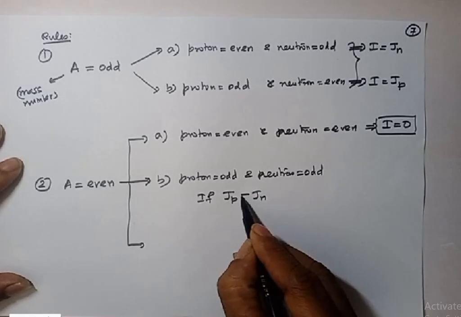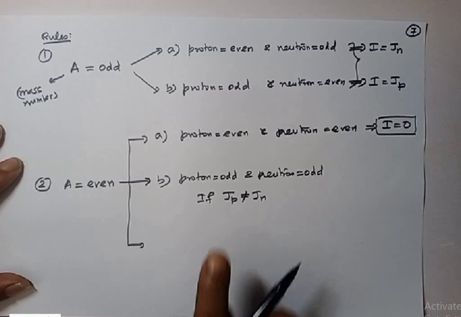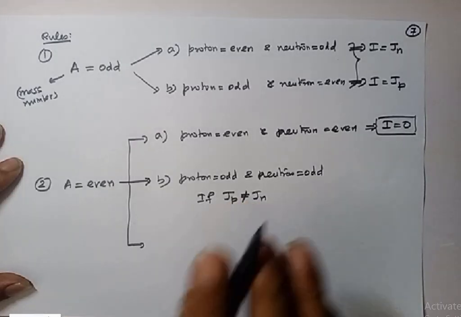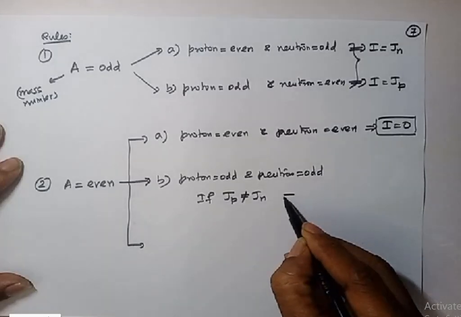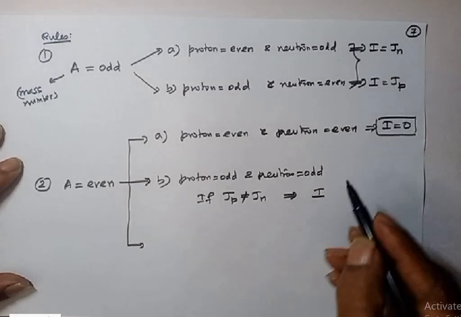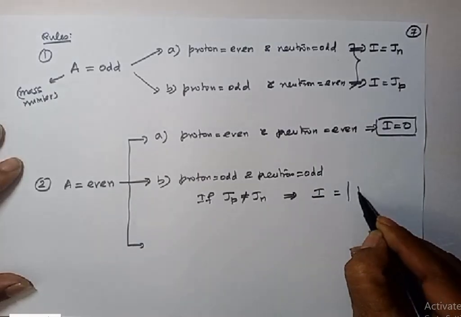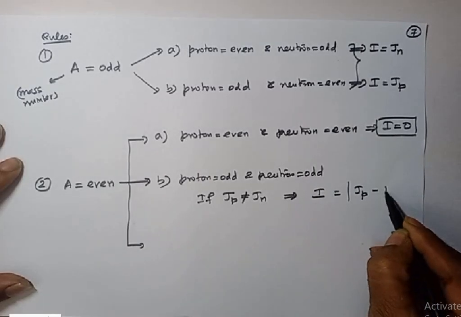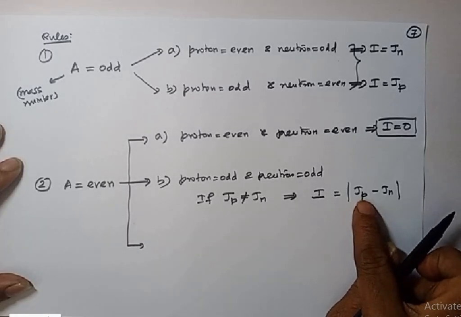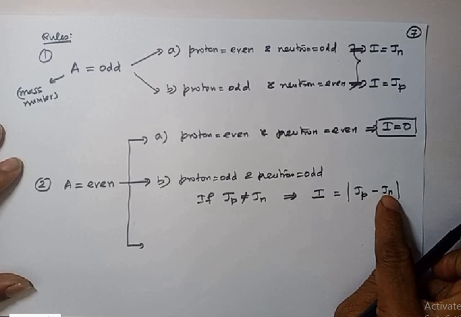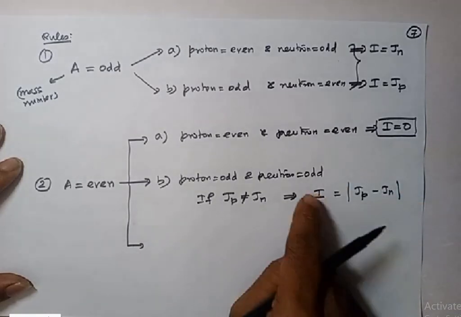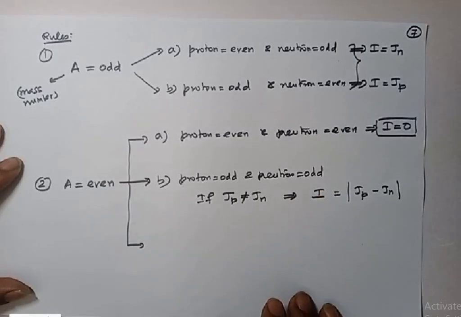Suppose they are not equal, then we can find the nuclear spin quantum number, or simply spin, using this formula: magnitude of Jp minus Jn, where Jp is the total angular momentum due to proton minus the total angular momentum due to neutron. Subtract and take the magnitude.